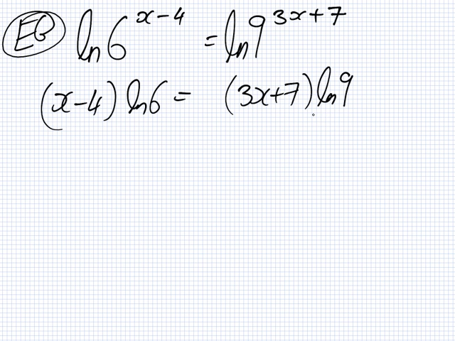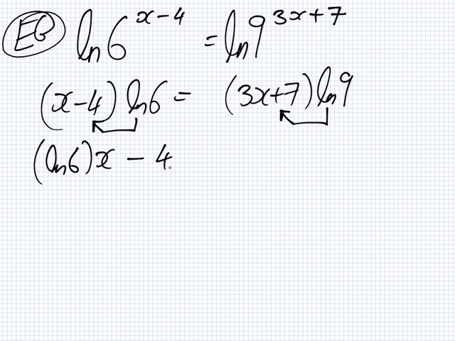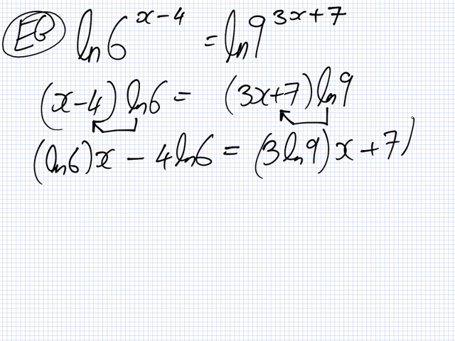Now, we multiply this in, and we multiply this in. So we get x log 6 minus 4 log 6 equals 3x log 9 plus 7 log 9.